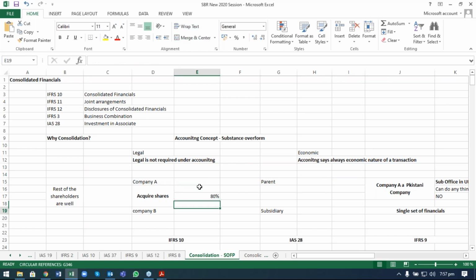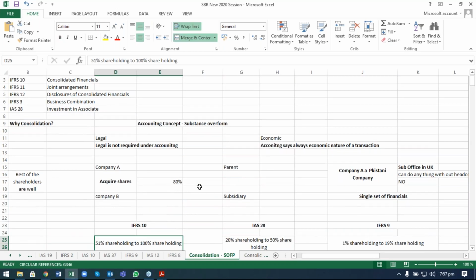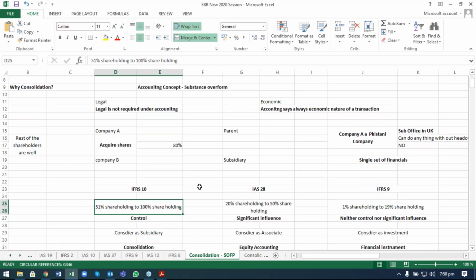Now we're looking at what IFRS 10, IAS 28 and IFRS 9 stand for. For example, on a shareholding basis, I'm not looking into the main requirements of IFRS 10. I'm just looking at the mathematical aspect of the calculation: if a company holds 51% to 100% of the shareholding, it means the company has control over the other company. If you have a 50% holding, it doesn't mean you have control.